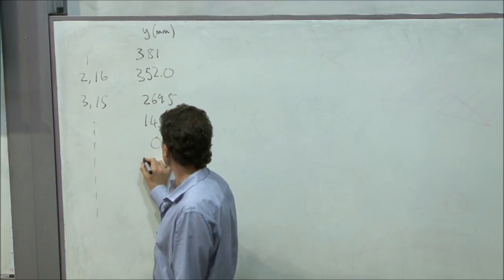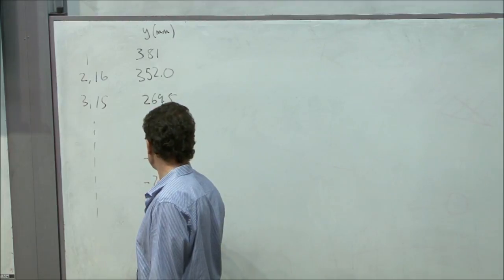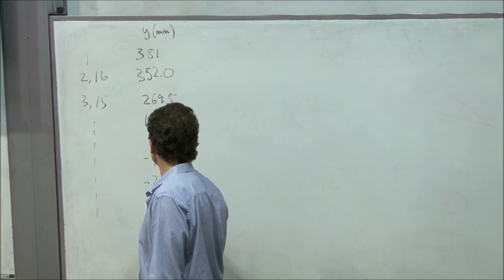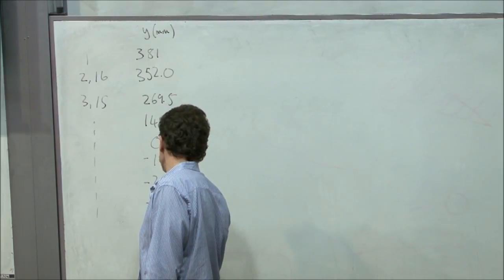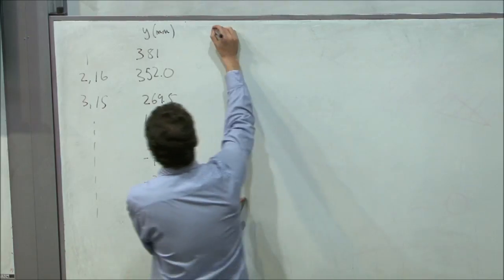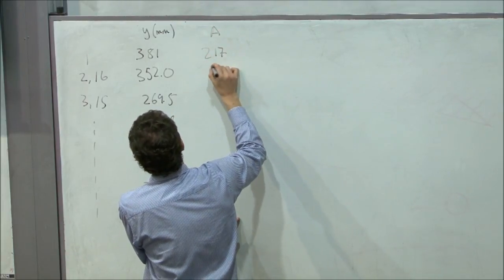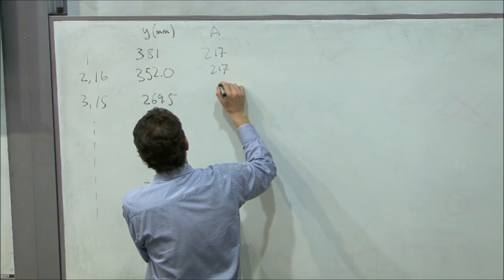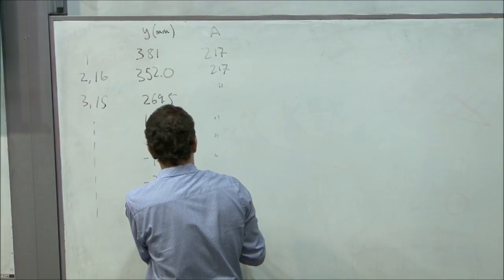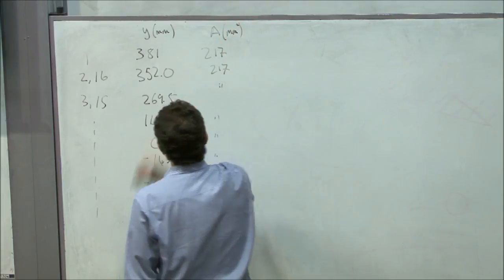And then there'll be minus 145.8, minus 269.5, minus 352, and minus 381. Now, the area for all of them is 217, and that's in millimeters squared.